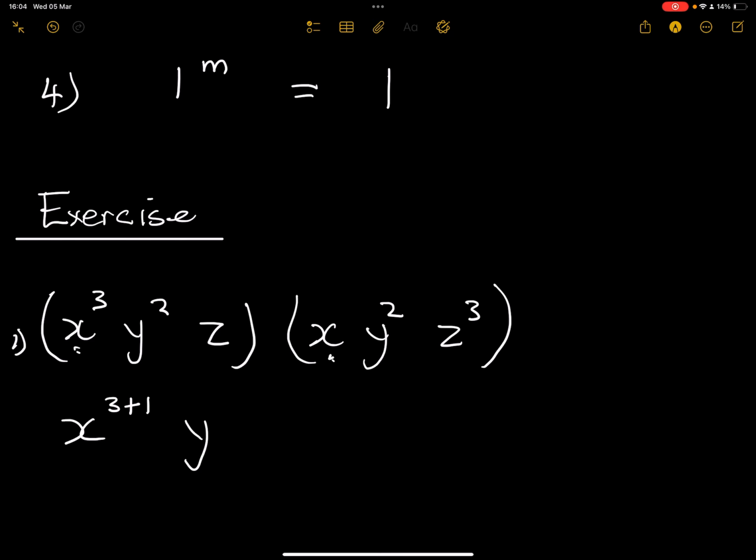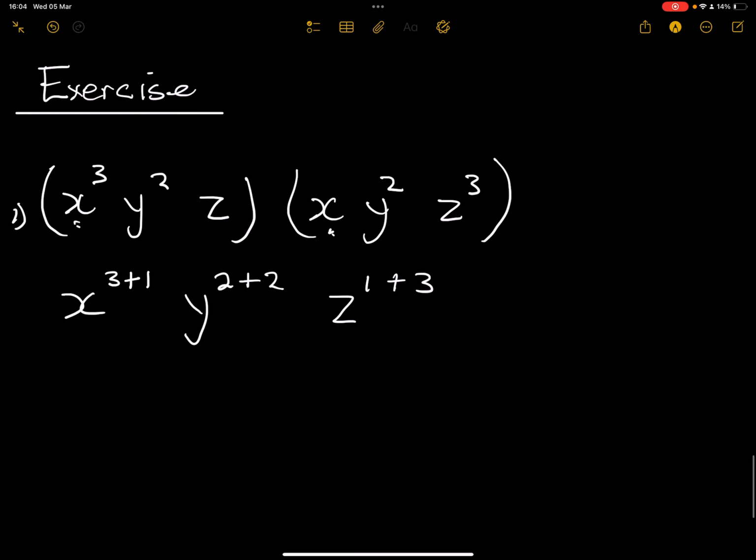We can do the same with y. So that's y to the power 2 plus 2. And z, we are going to have z to the power 1 plus 3. And so that's going to be x to the 4, y to the 4, z to the power of 4.